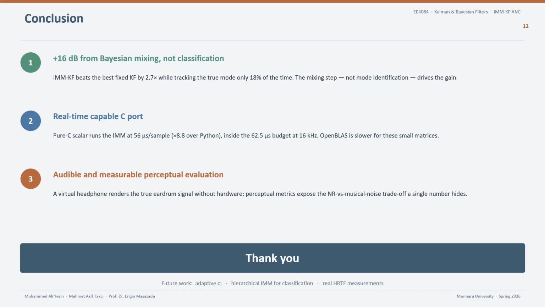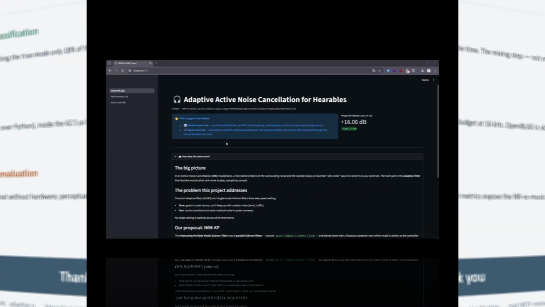Pure C, 56 microseconds per sample, inside the 16 kilohertz budget, and we learned that simple scalar code beats the heavyweight library at this scale. Three, we evaluated it the way it's actually going to be used, through a virtual headphone with perceptual metrics. So, the trade-offs are both audible and measurable.